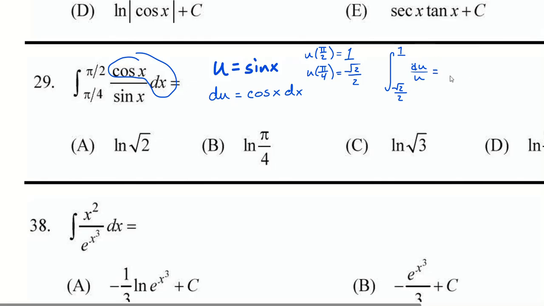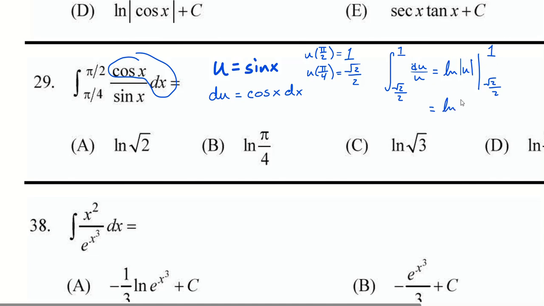What's the integral of 1 over u? It's the natural log of u. And then we just do these bars, root 2 over 2 to 1. And then how do we apply the fundamental theorem of calculus? Good. So natural log of 1. And since these are both positive, I'm not going to use absolute values because they're already positive.